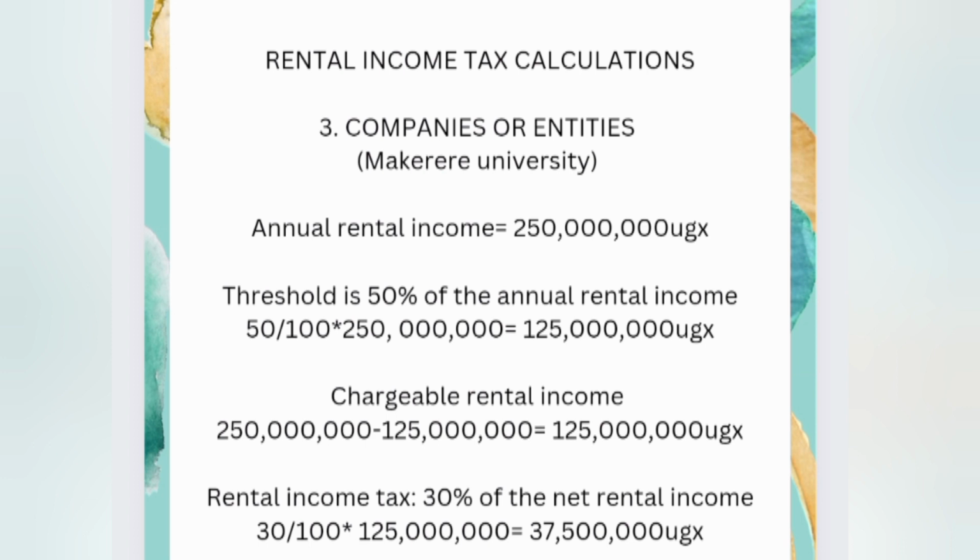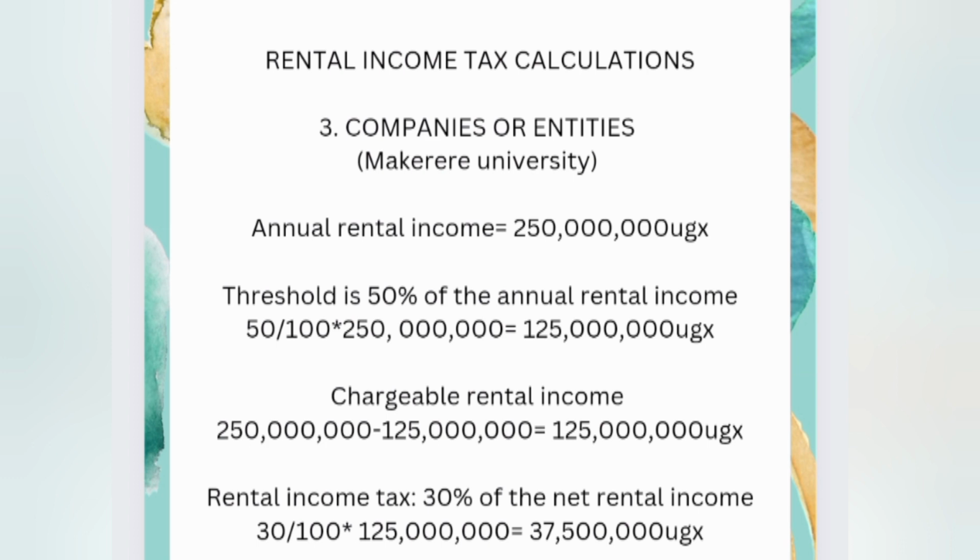So if we are to calculate the threshold, it's going to be 50% times the total annual rental income, which is 250 million. If we multiply that, it equals 125 million, which is the threshold, the 50% which cannot be charged, like I told you.